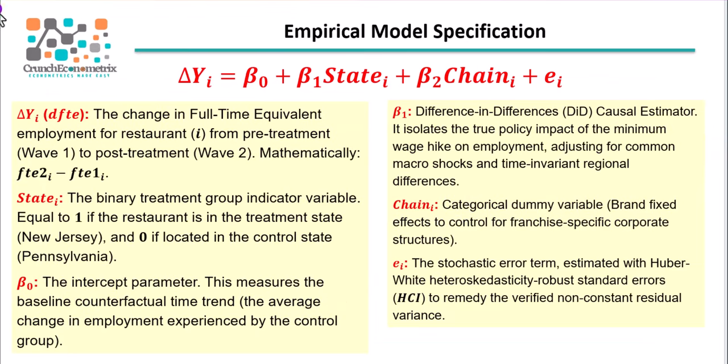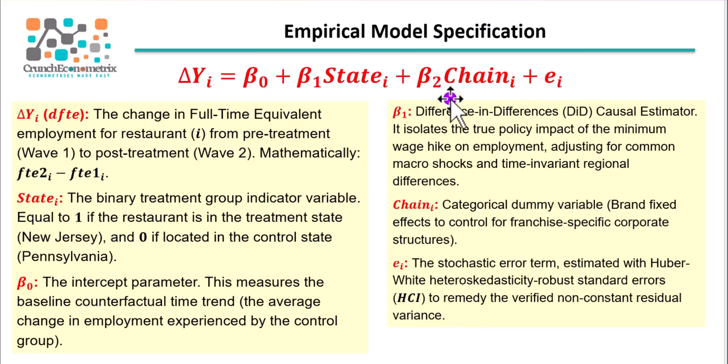So this is the model specification where we have the change in full-time employment as a dependent variable. We have our intercept, beta naught. We have the state variable, which is a binary treatment indicator, equal to 1 if the restaurant is in the treatment state, which is New Jersey, and 0 if it's in a control state, which is Pennsylvania.